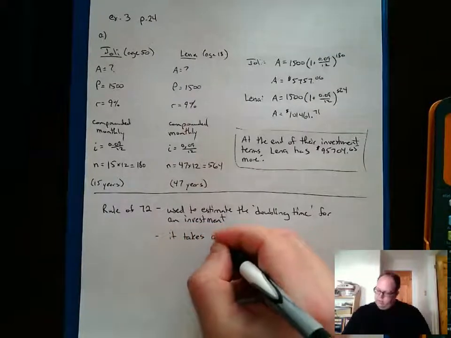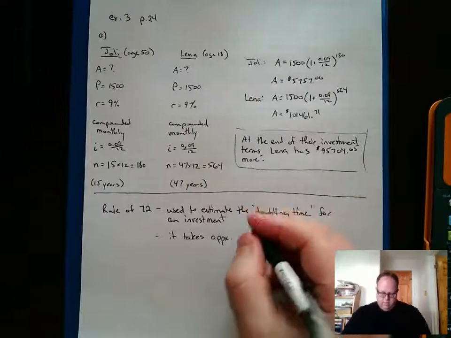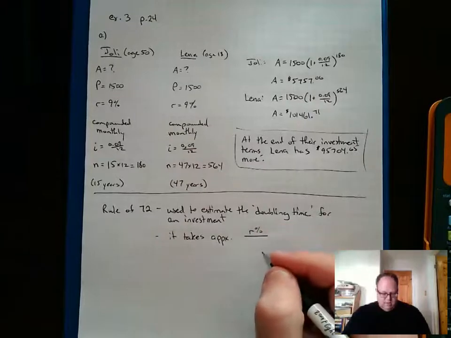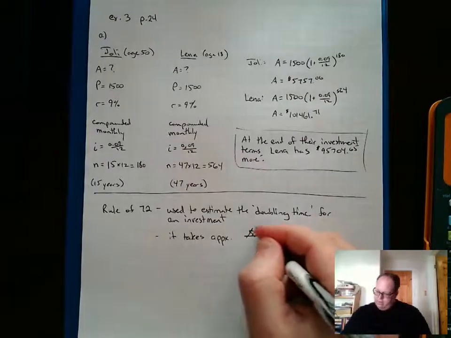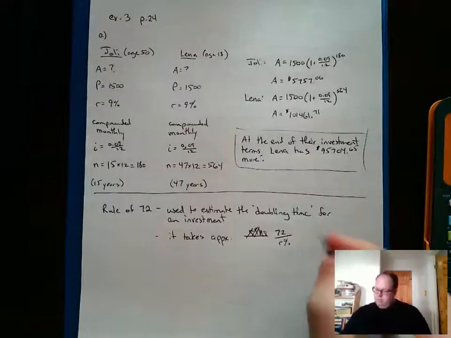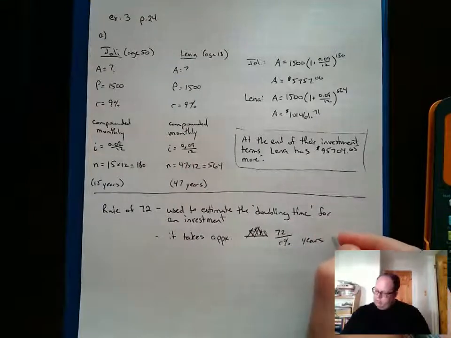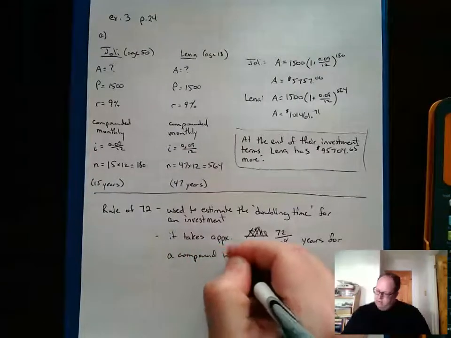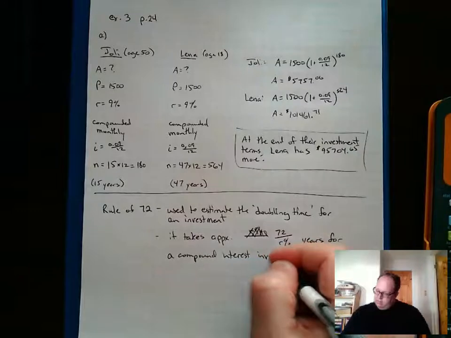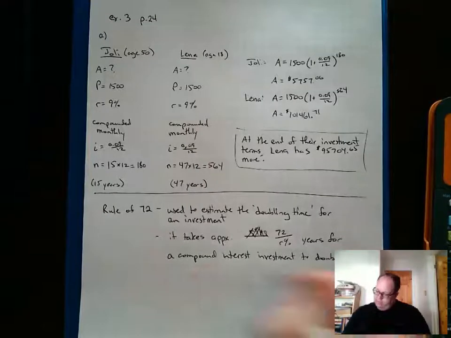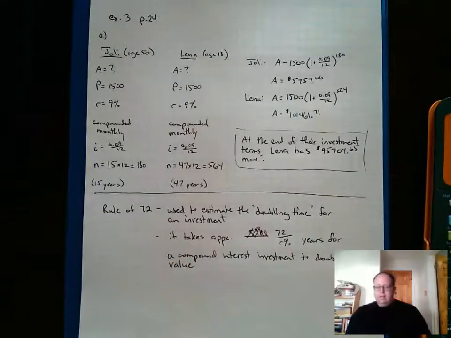It takes approximately 72 divided by the rate as a percentage years for a compound interest investment to double in value. And that's not exact, but it does give a pretty decent approximation.